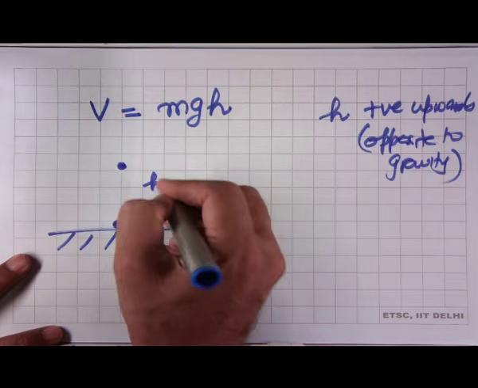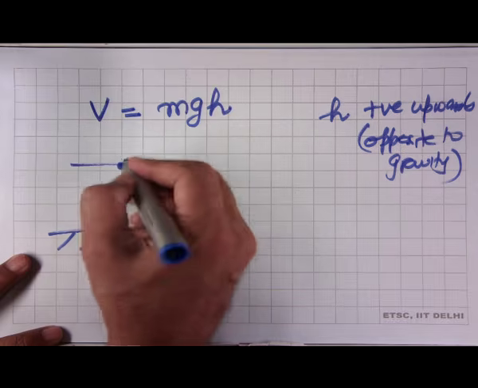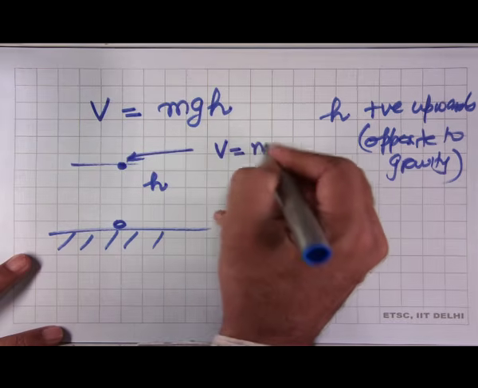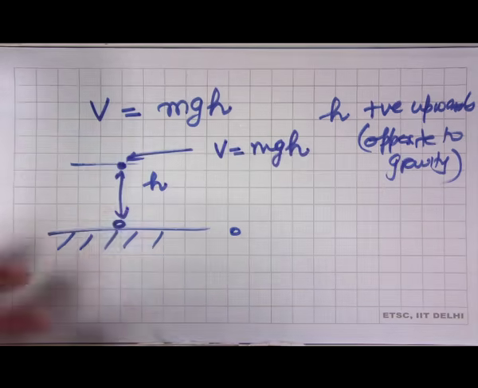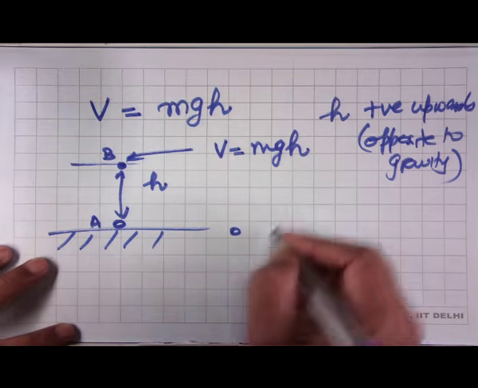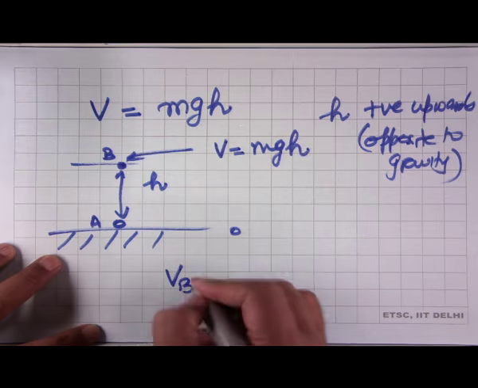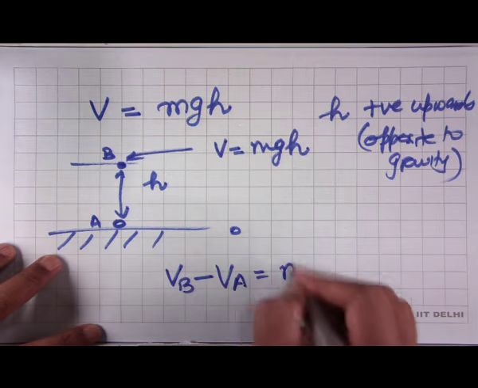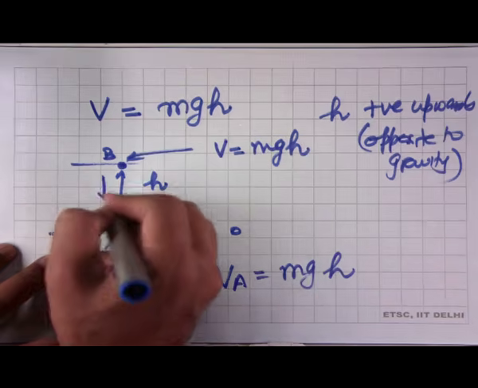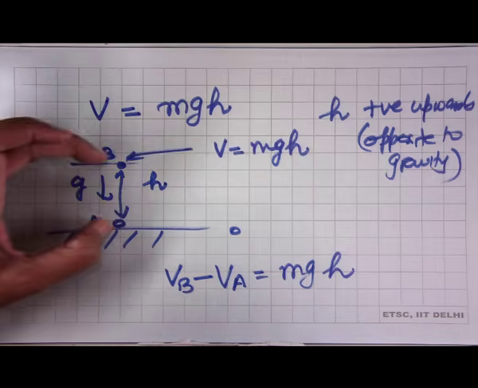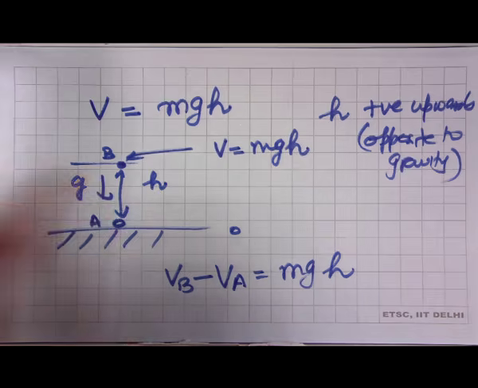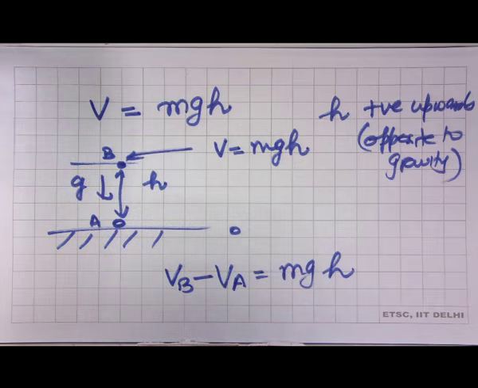If we are at a height h, then at this position the potential energy we can call mgh. Basically the difference of potential energy is Vb minus Va equal to mgh, where gravity is acting downwards. h is the height, the vertical distance between point A and point B. So, this is how we calculate the potential energy due to gravity force on Earth.